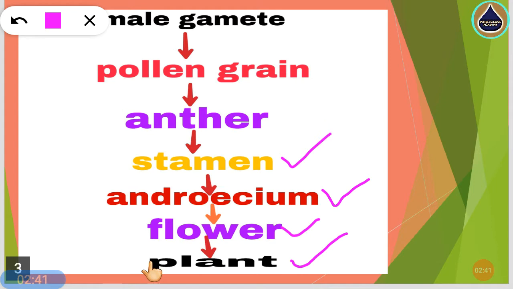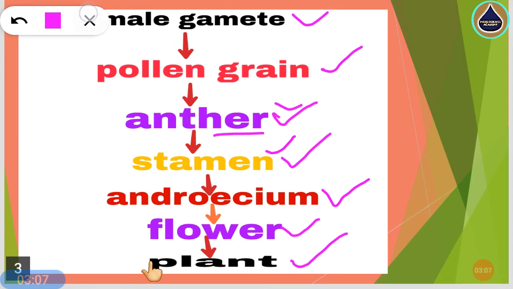The stamen possesses three parts: the uppermost part is called the anther, then the filament, and the connective is also there. In the anther, the pollen grain is found, and in the pollen grain the formation of the male gamete takes place.